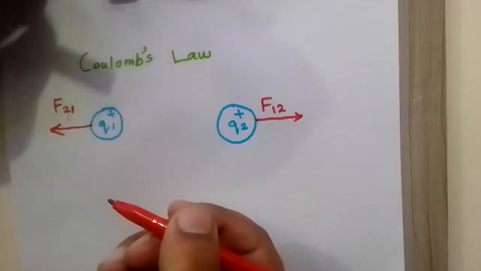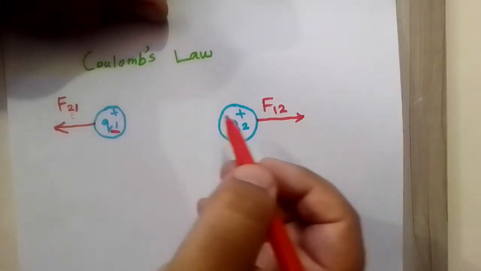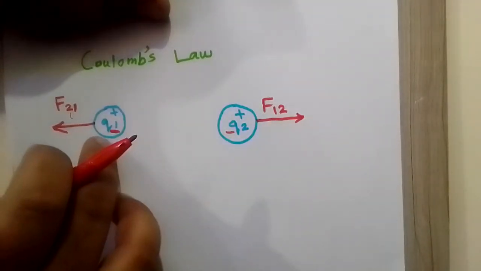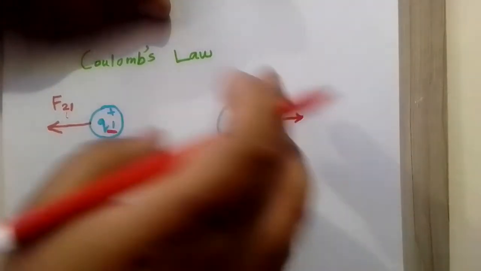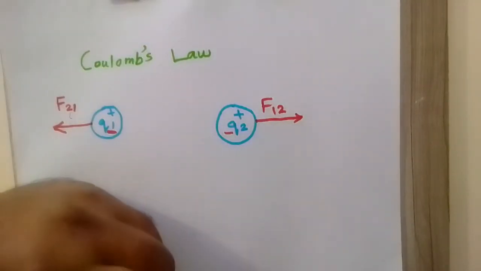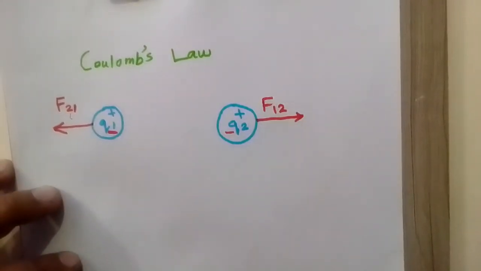It's the same way when both of these charges are negative, when q1 is negative and q2 is negative: the direction of forces will be the same. F21 will be in this direction and F12 will be in this direction. So Coulomb's law calculates the force between the two point charges.